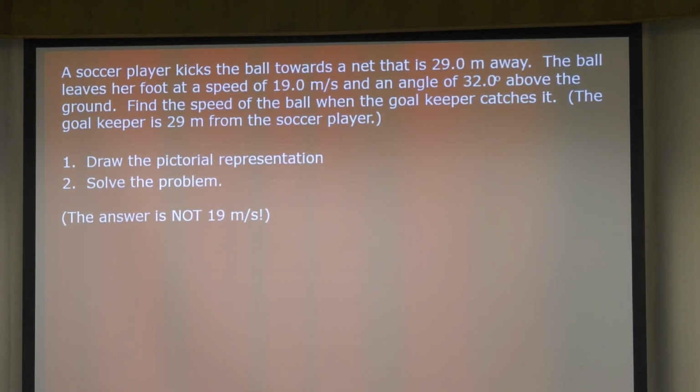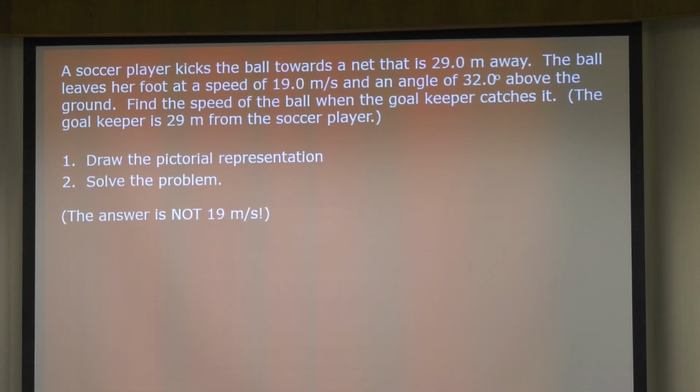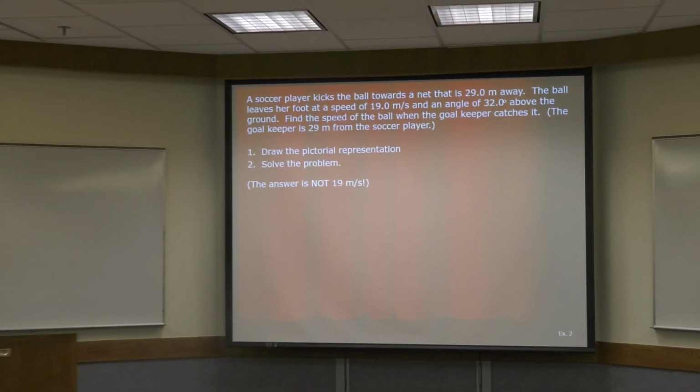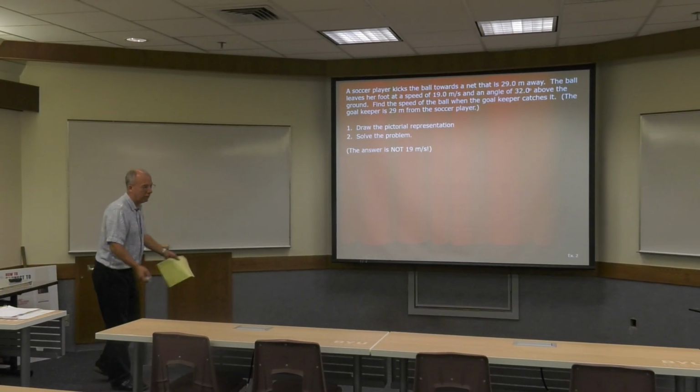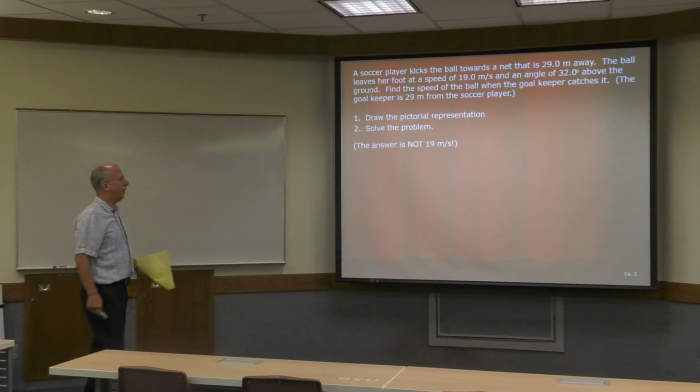There are a couple of things you want to assume here. They give us the angle above the ground, so we're assuming that the ball was on the ground when she kicked it. But we have no idea where the ball is when the goalkeeper catches it. Most likely it's not on the ground. It's going to be somewhere else. So that makes it kind of interesting.